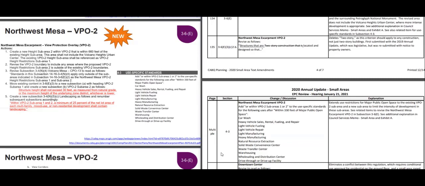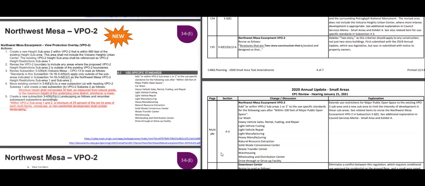So this list of uses is either prohibited or it requires a conditional use approval to have any of these uses if it's on a lot that's near to major public open space. And this would add "or within one of those view protection sub-areas."